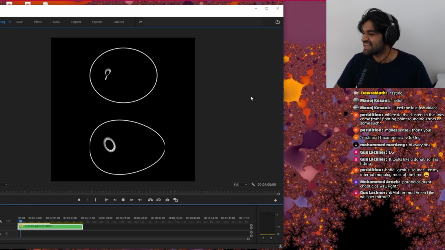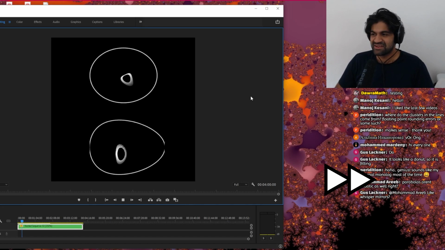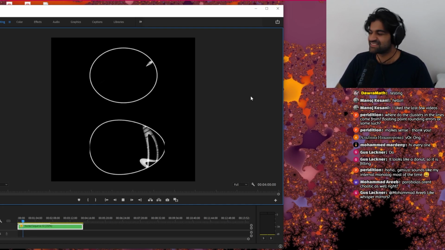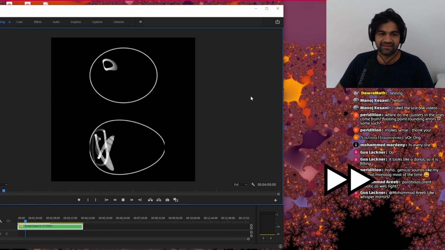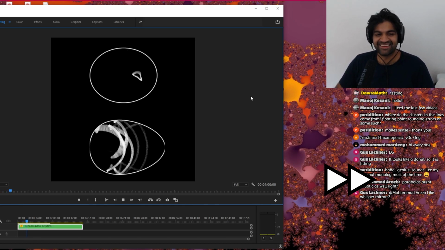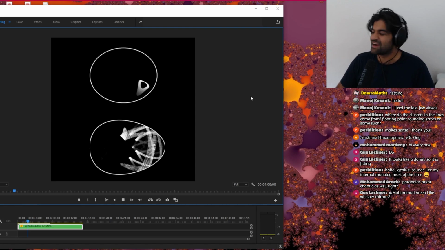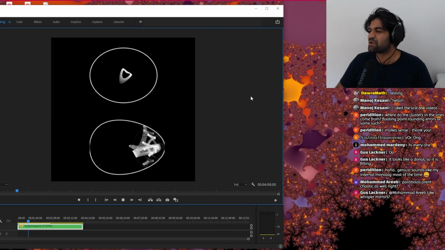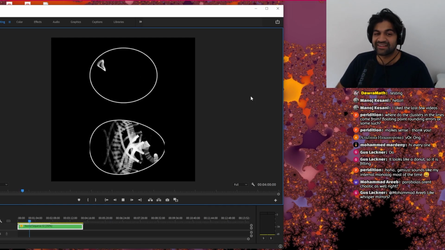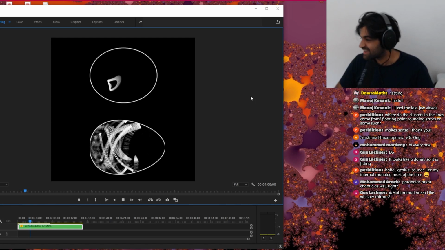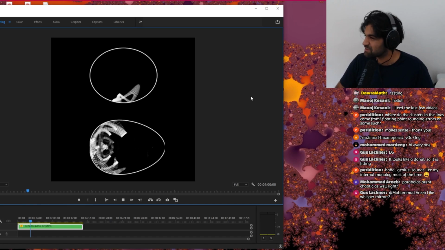Yeah, it looks like the egg one is holding together fairly well. Uh-oh, what's going on here? So as you can see very quickly, and you can ignore my weird rounding errors, the egg is showing a bit of chaos.